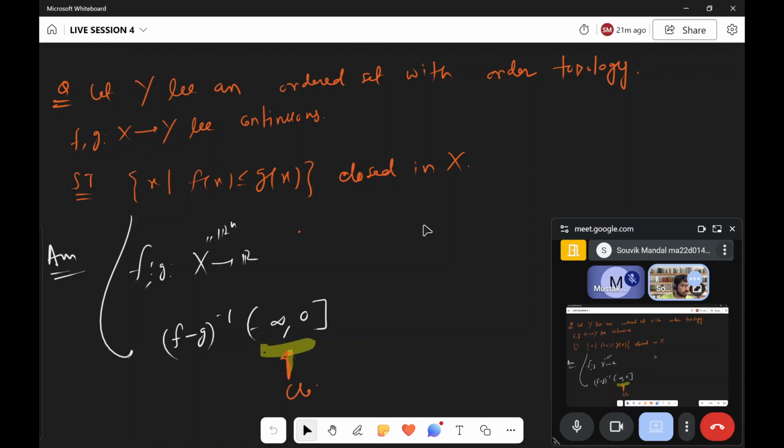But here we don't have the reals, we have some arbitrary topological space. In that situation, we need to prove that all those x such that f(x) is less than or equal to g(x) is closed. That's what we need to prove.